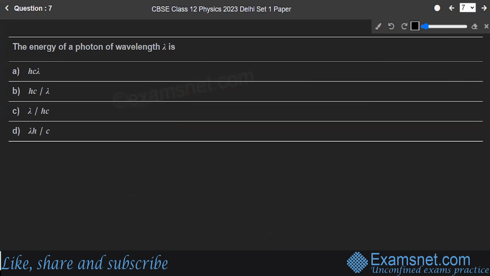The energy of the photon of wavelength lambda is which of these options? Energy of the photon of wavelength lambda is given by h into mu. This is Planck's constant and mu is your frequency.